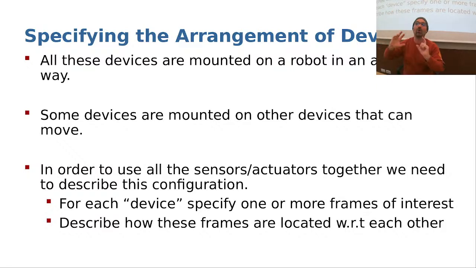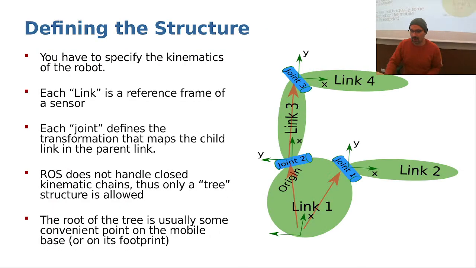For each frame, you know what it's mounted on. The pan tilt unit is on the robot, the laser is on the pan tilt unit. Okay? That's basically what you have. You have links and you have joints. And you can define the structure. There is a complicated URDF format that allows you to define the structure of your generic robot and of your manipulator.